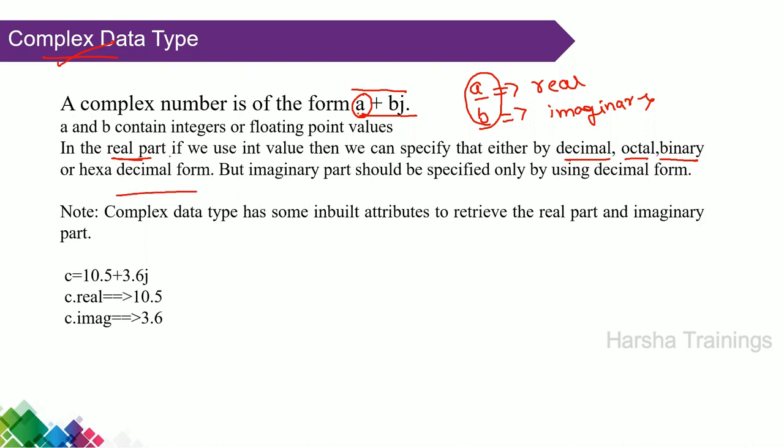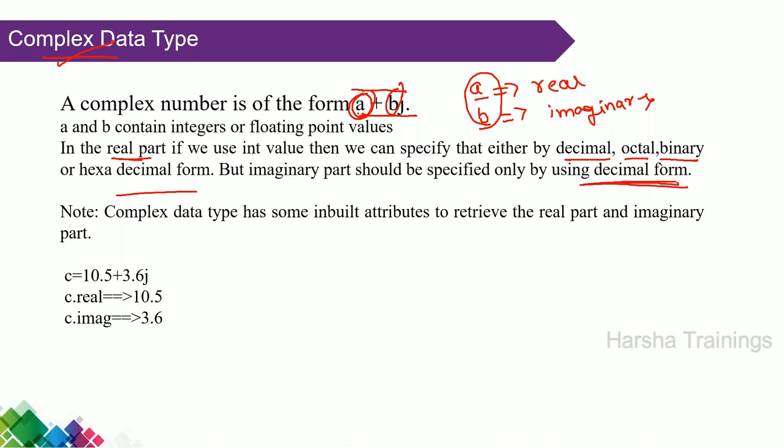That is, we have different types of integers: decimal, octal, binary, or hexadecimal. We can use any type of integer in the real part, but remember, in the imaginary part you are allowed to use only decimal numbers, only base 10 numbers.